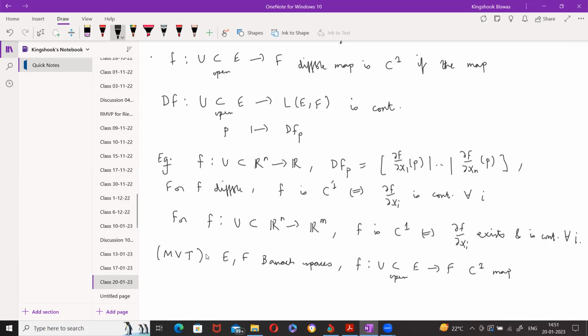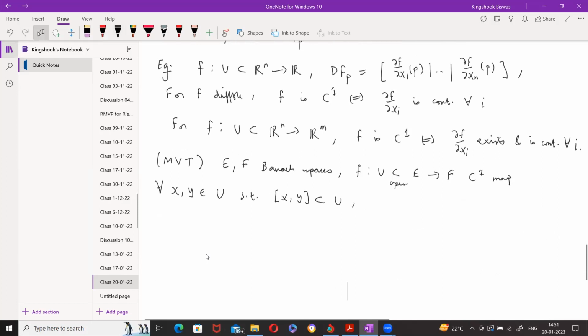Let me just state it like this. For all x, y in U such that the line segment joining x to y is also contained in U, we have that the norm of f(x) minus f(y) is less than or equal to the supremum over z in the line segment joining x to y of the norm of df at z, the operator norm, times the norm of x minus y.